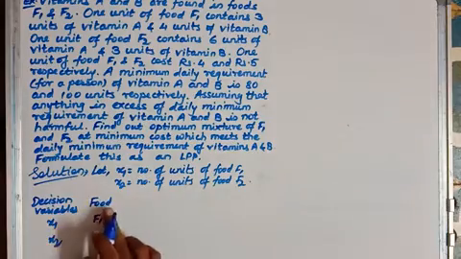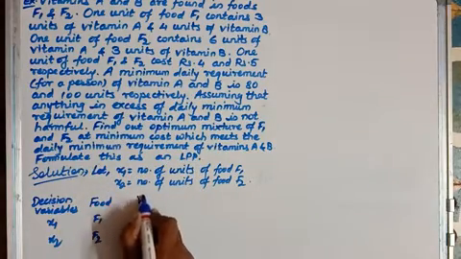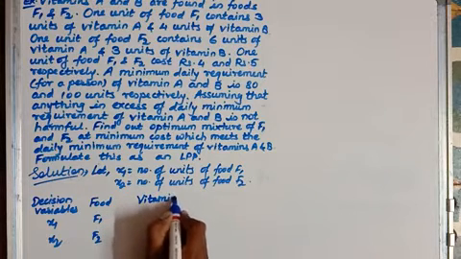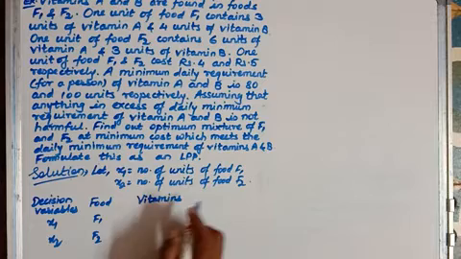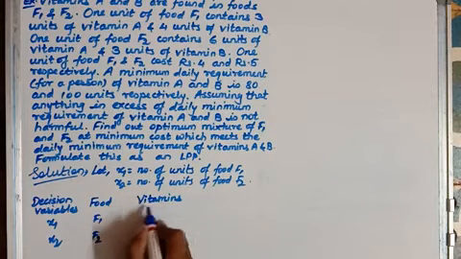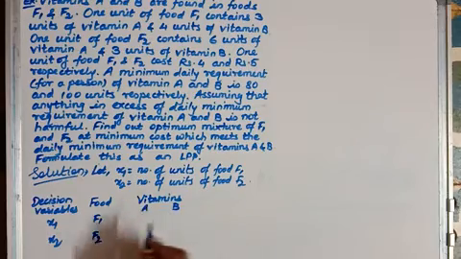Now these foods contain vitamin A and vitamin B. So obviously the constraints are about vitamins, or we can say units of vitamins in food F1 and food F2.